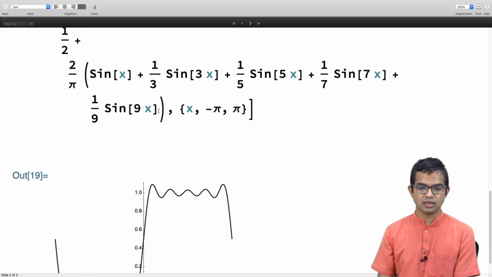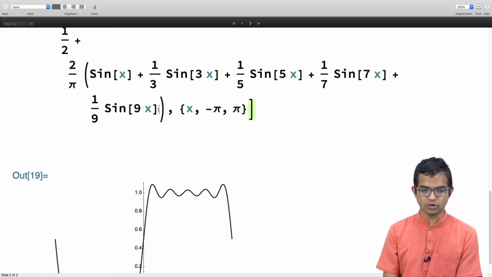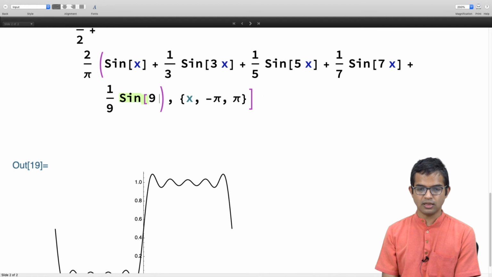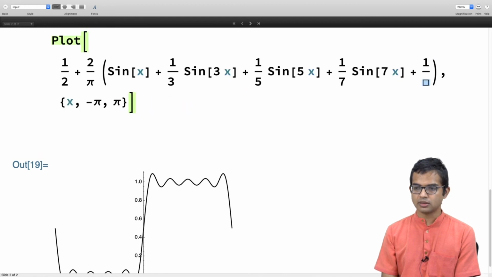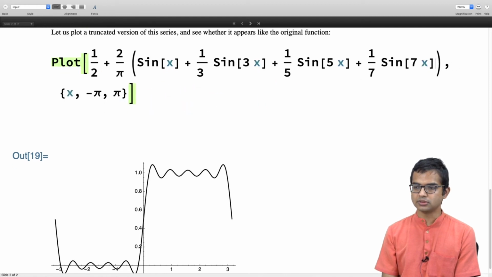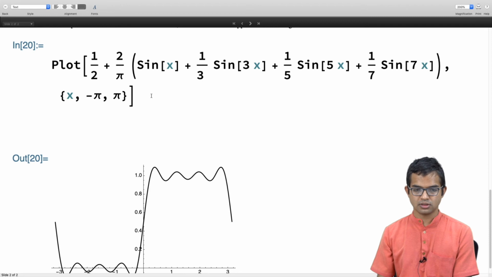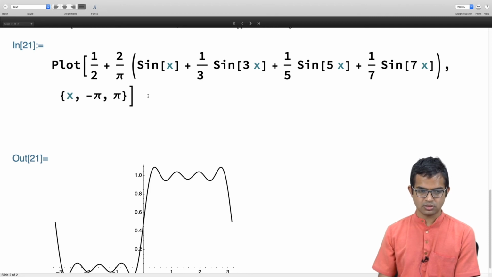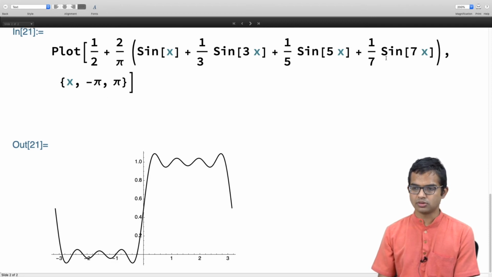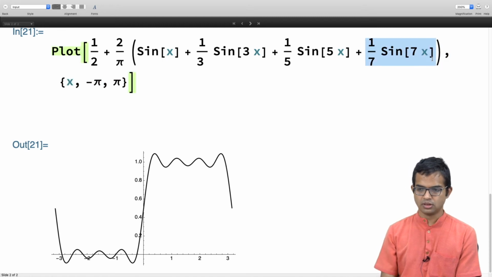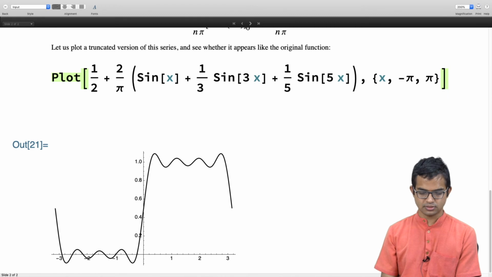So let's keep on reducing the number of terms. If I take this only up to 4 terms, then it looks like this. It's not too bad. It's already looking like the original function.